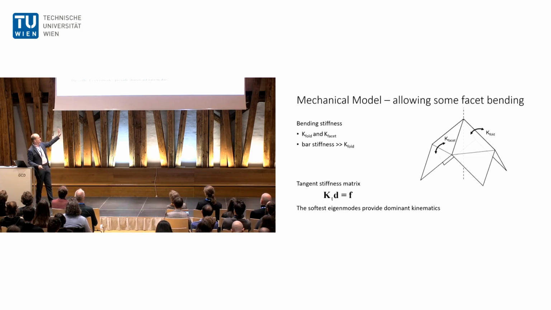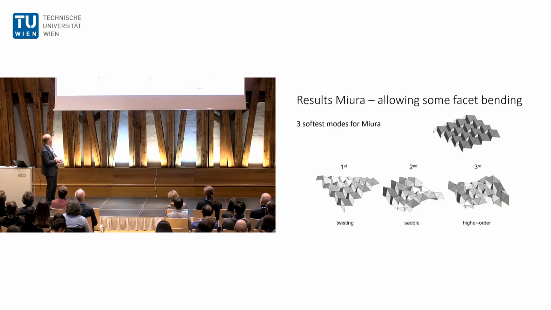So what we ended up with, we said we have very stiff bars, we don't want in-plane deformation, and we allow some out-of-plane deformation of the facets. And then we looked at what are the softest modes of the structure. And what we discovered is that the softest modes capture exactly the deformation that you might want.